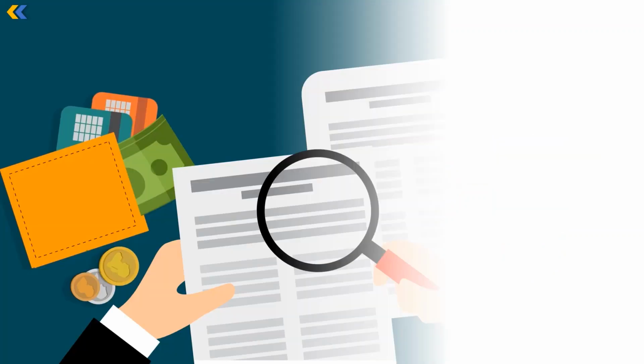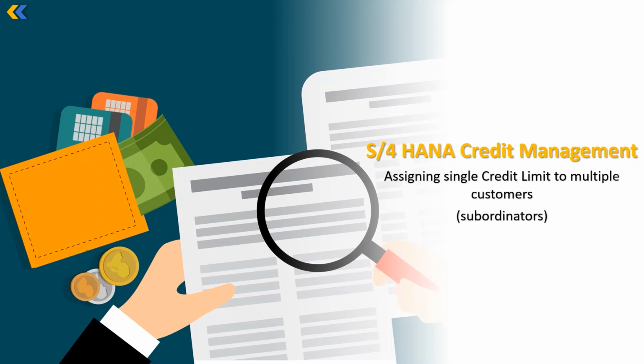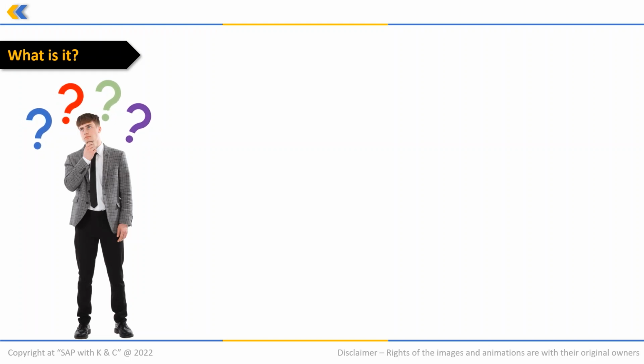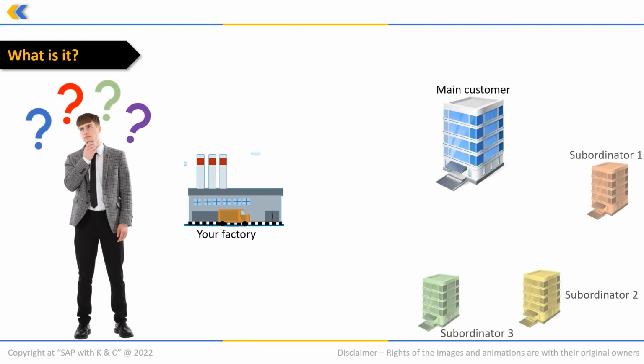In this video, we are going to talk about how we can use the S4 HANA Credit Management functionality to assign a single credit limit to multiple customers or subordinates. Let us first understand what exactly it is, with the help of an example. Suppose you have a customer that has multiple offices or subordinates.